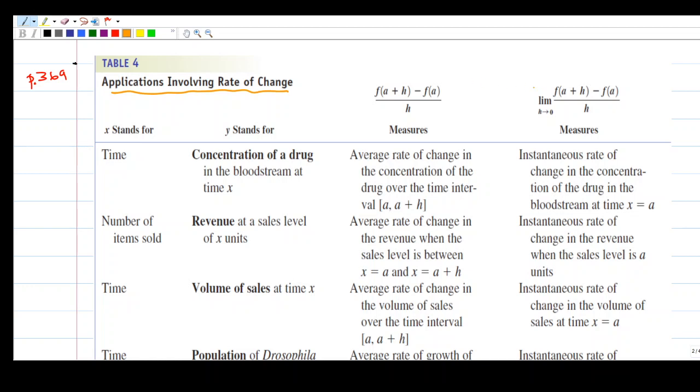So here in the second case, you can see you're taking the limit of the expression that's in the third column, right?